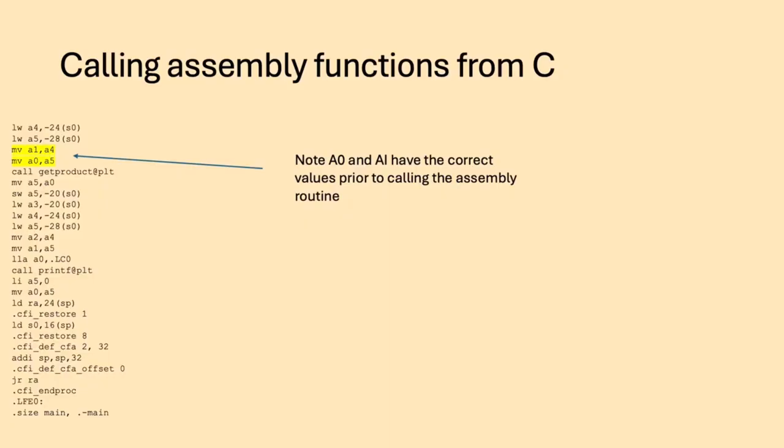So the C program presented here shows how to call the routine that's been written as RISC-V Assembly. The C variables x and y are passed through the function using the A0 and A1 registers, with the result passed through the register A0.